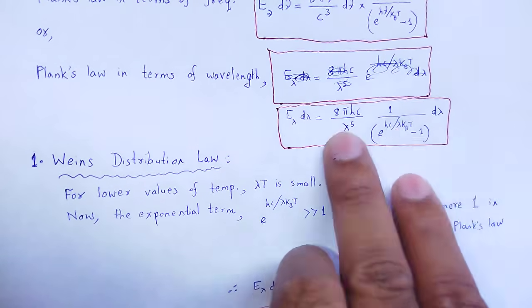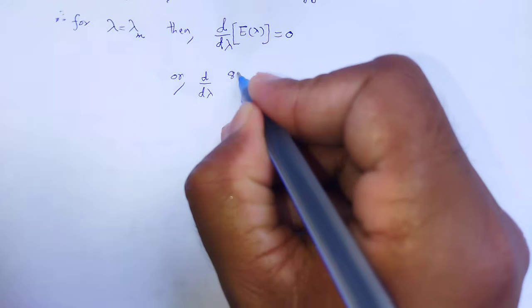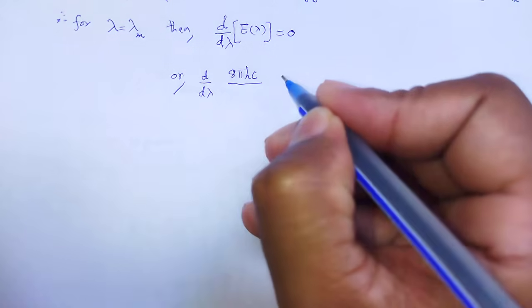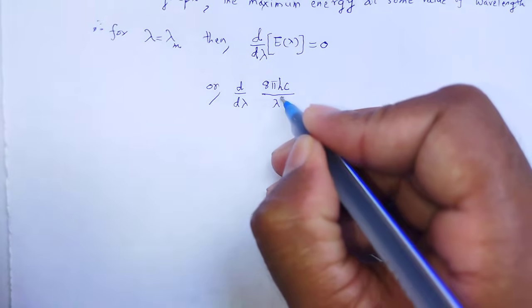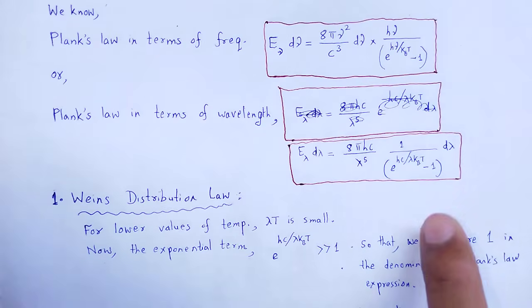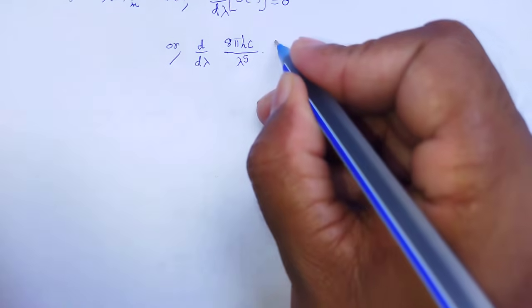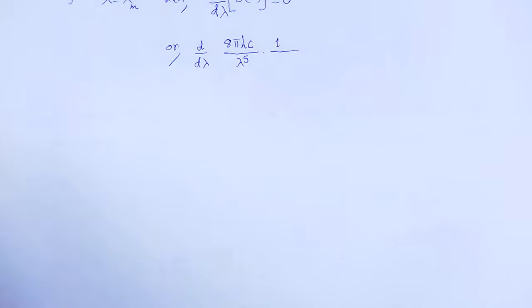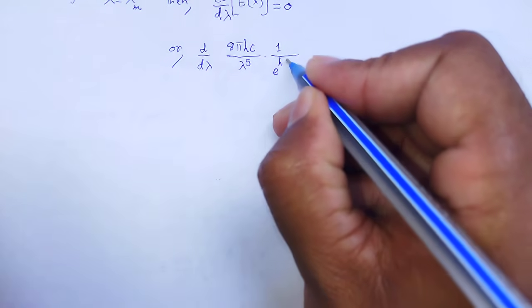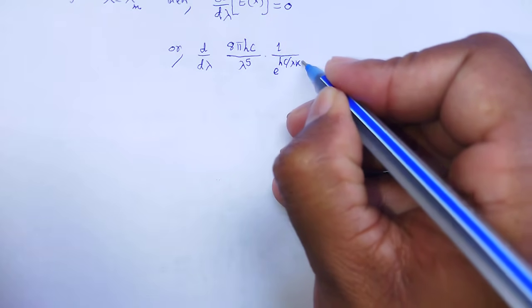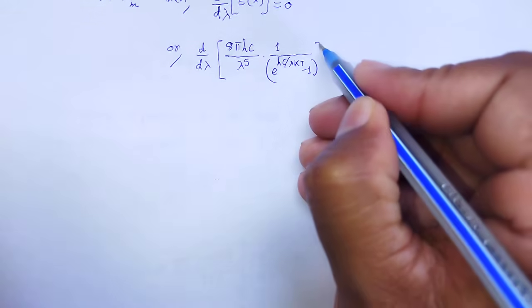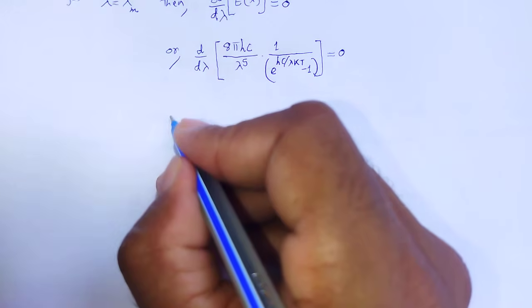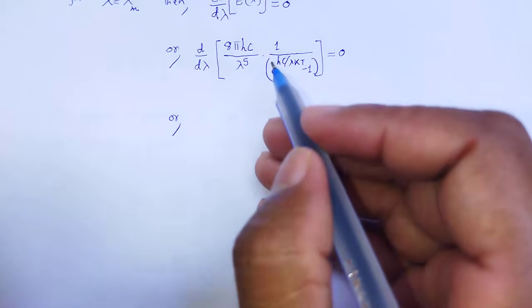E lambda is equal to 8 pi SC divided by lambda to the power 5, into 1 divided by e to the power SC divided by lambda kt minus 1. Its differentiation is equal to 0. How to calculate its differentiation?